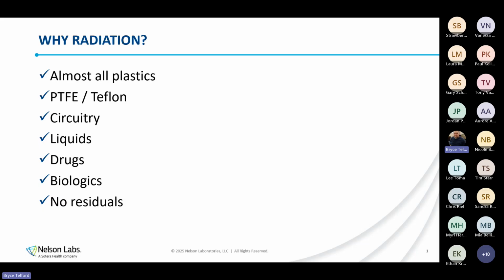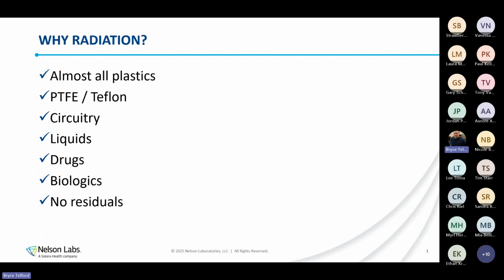Radiation sterilization is one of your few options for liquids. So radiation sterilization can do liquids, and that can include drugs, liquids as well. We do drugs and pharmaceuticals that can be bulk sterilization for active pharmaceutical ingredients, APIs, tissue and tissue-based products, so our biologics. And one of the advantages with radiation is we have no residuals.